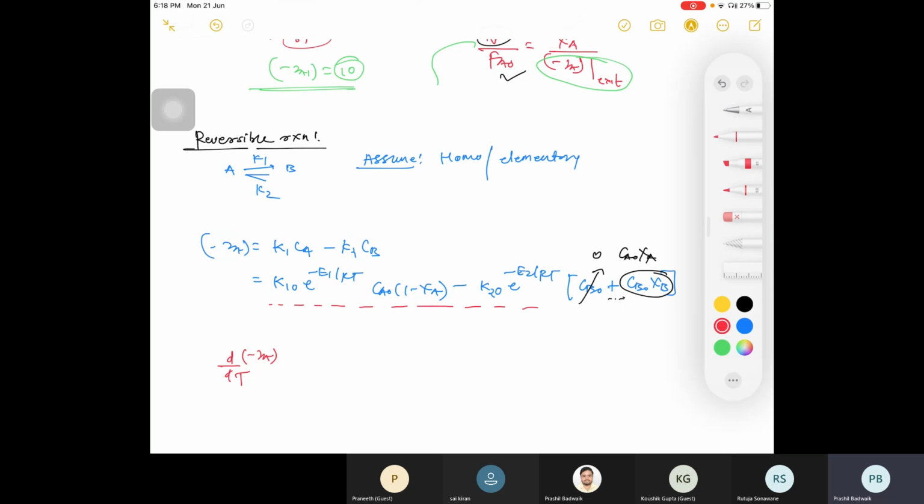Can you differentiate this equation? But there is one limitation. Which one is that? Your conversion is also varying. So you keep conversion as constant. And now please find out the derivative with respect to temperature.